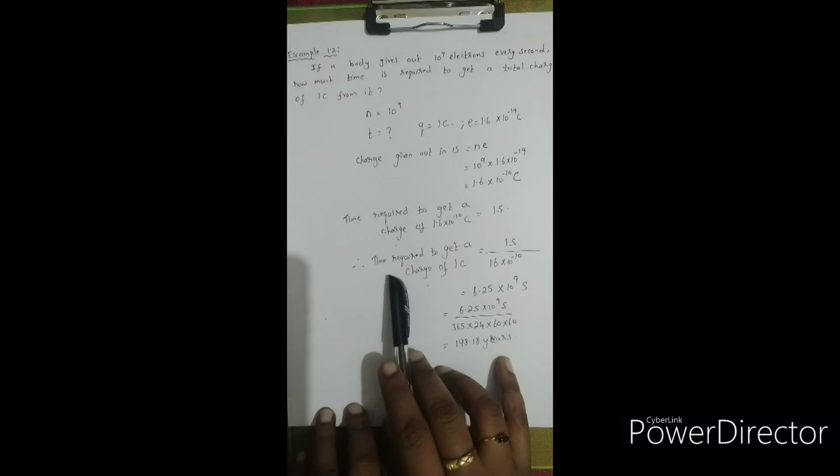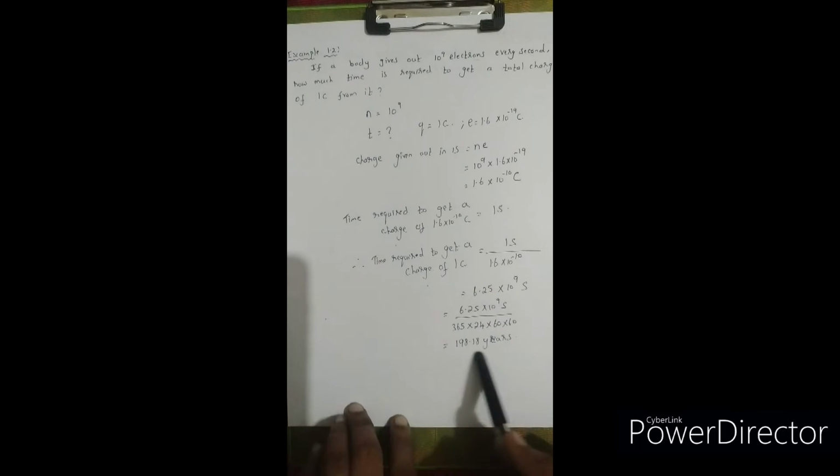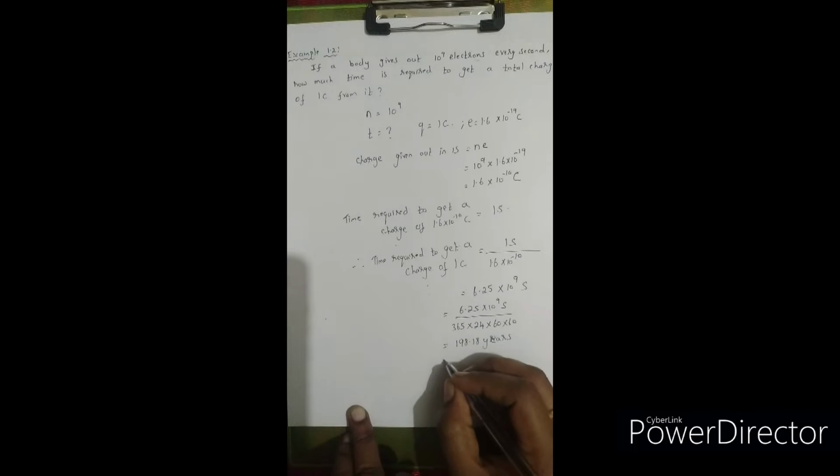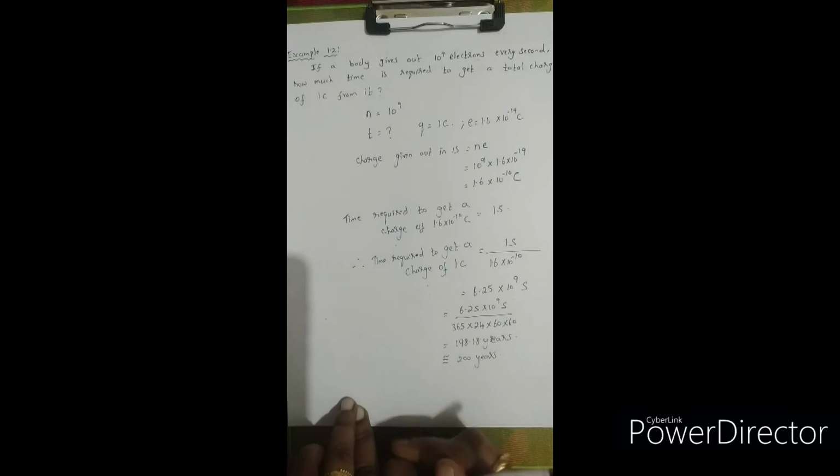So what have we found? We have found that the time required to get a charge of 1 coulomb is this many years. This can be approximated to around 200 years. In my previous video, in quantization of charges, I told you, children, that 1 coulomb is a large unit of charge.